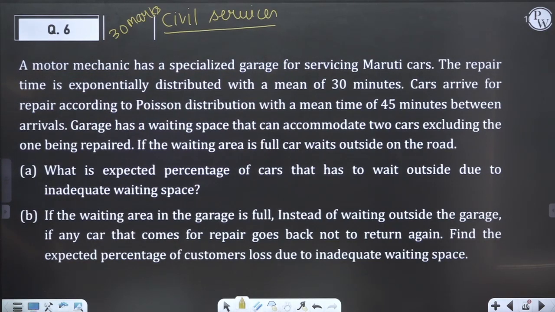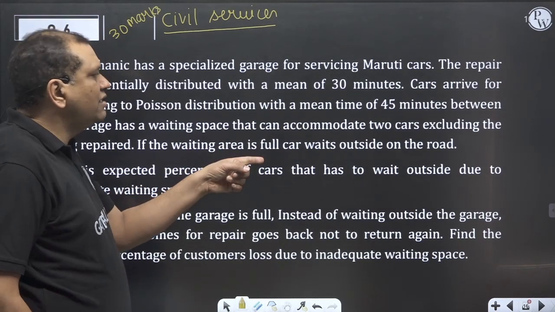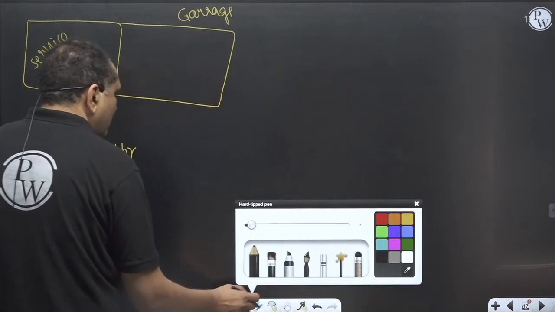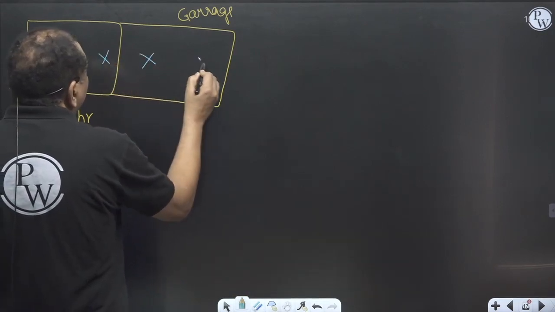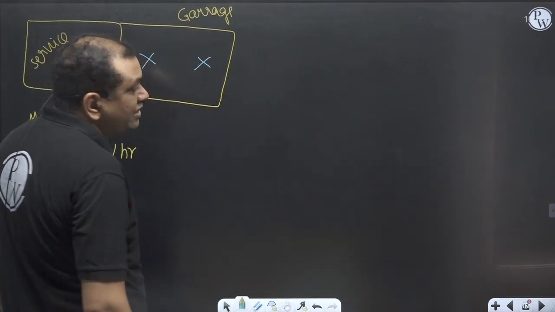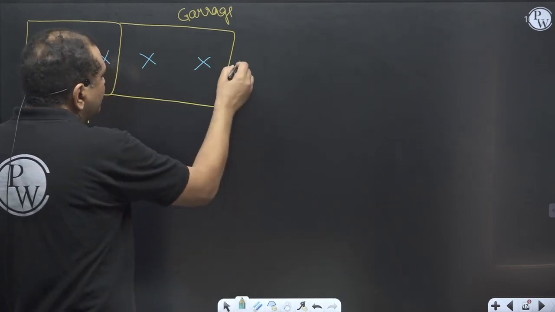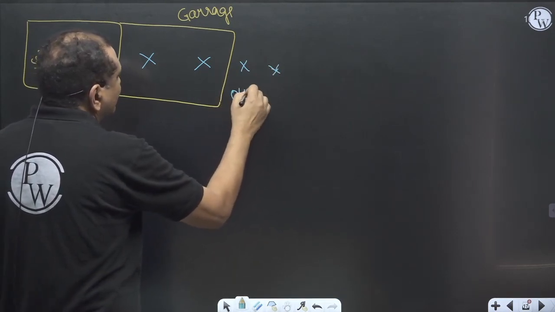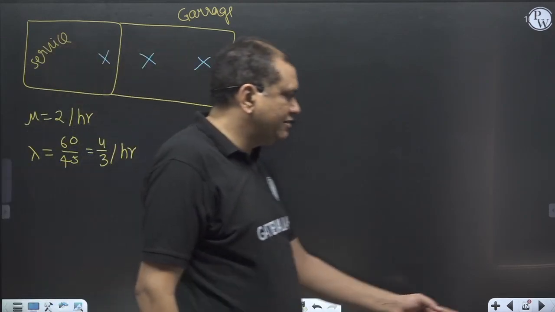The garage has a waiting space that can accommodate 2 cars excluding the one being repaired. If the waiting area is full, the car waits outside on the road. So here 1 car is being served, 2 cars can wait inside the gate. If more cars come, they wait outside.